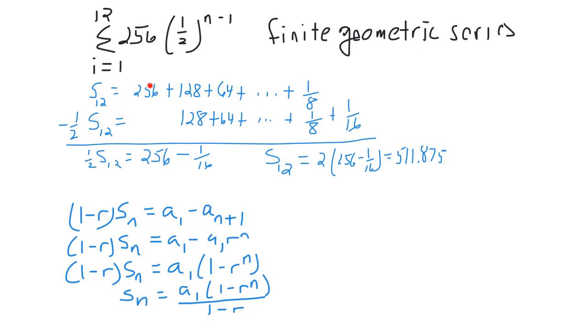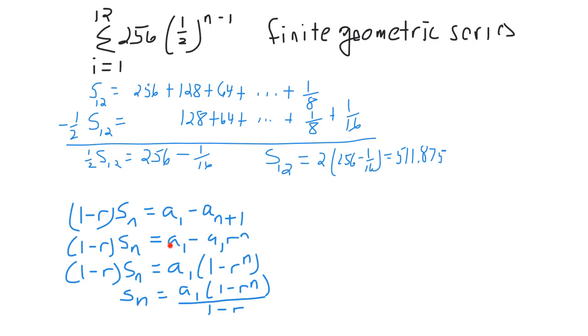Okay, but notice for the second term we multiply by r. For the third term we multiply by r squared, not to the third power. So this term that's one beyond is where we multiply by r n times. So I have the first term minus one beyond the last term, or the first term minus the first term times r to the nth power.